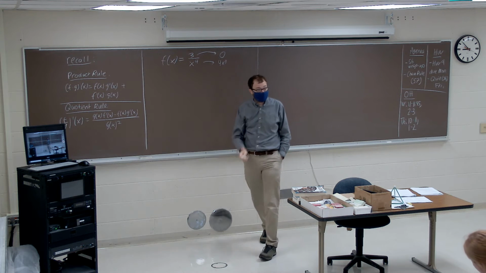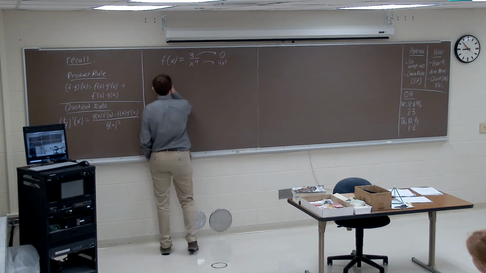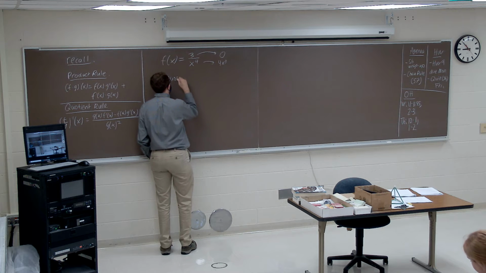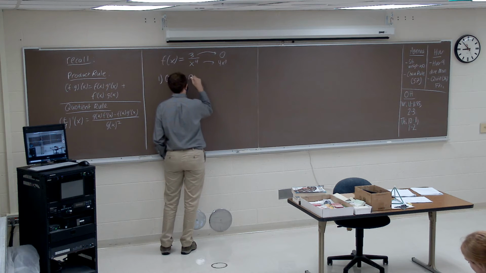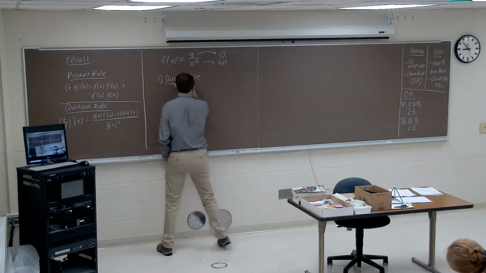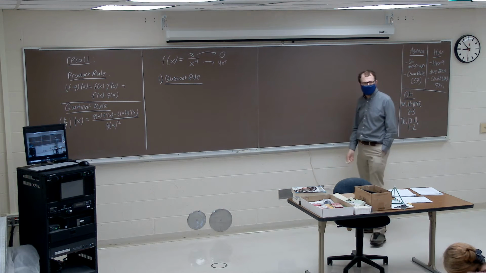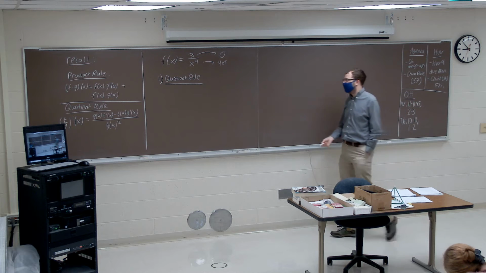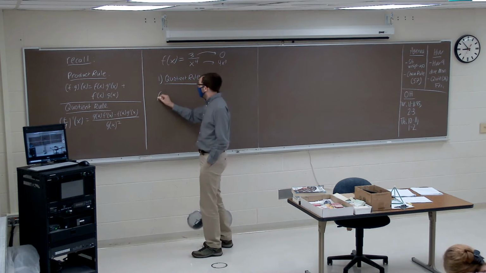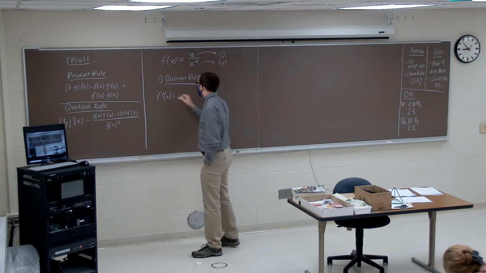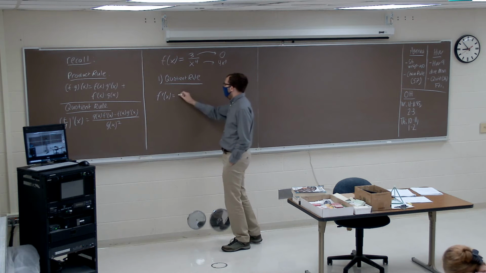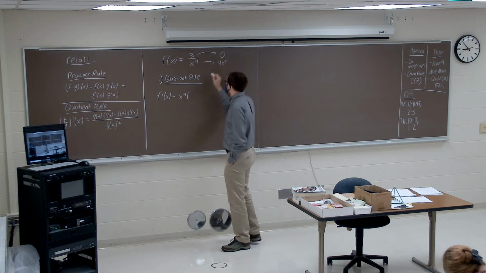Let's give it a go. If we use the quotient rule in order to help us find the derivative, we're going to need to do low d high.